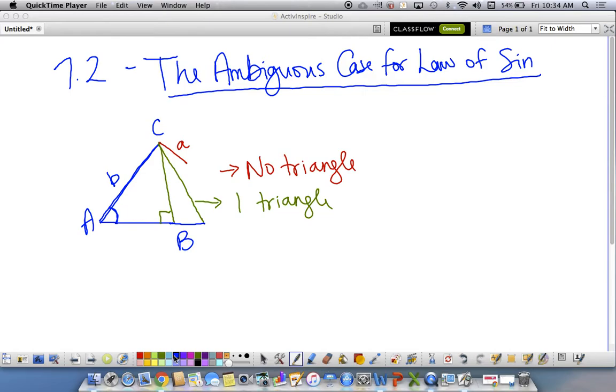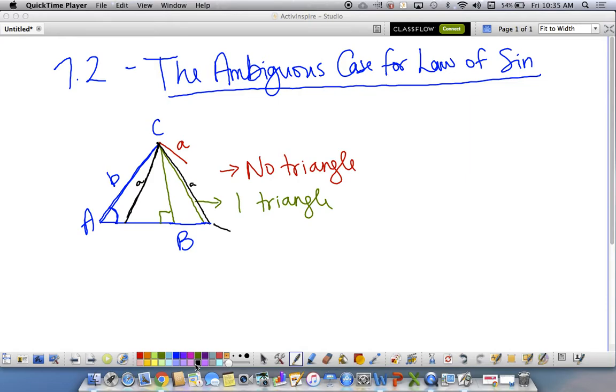And last, we're going to try this. If this angle up here at C is very small, your A could be there, or your A could go out farther here and connect to the B out here. So this black piece, you could have an A here and an A here that are the same length.